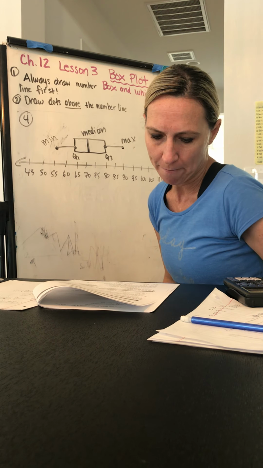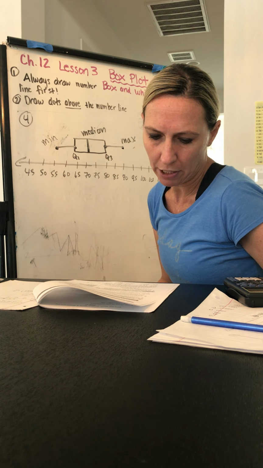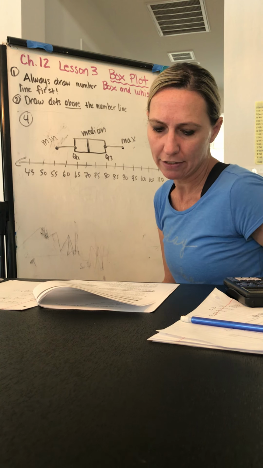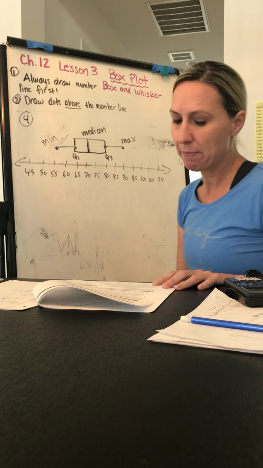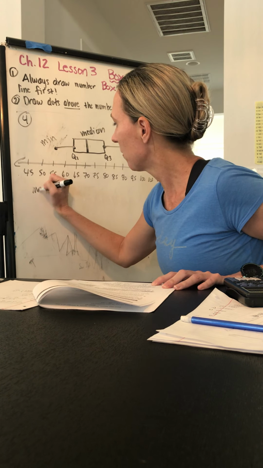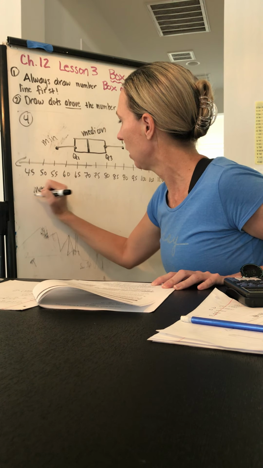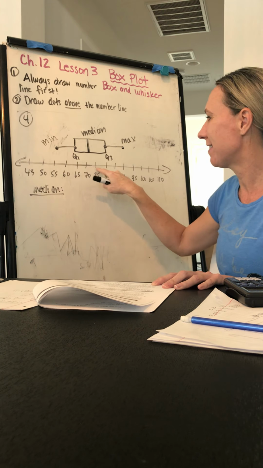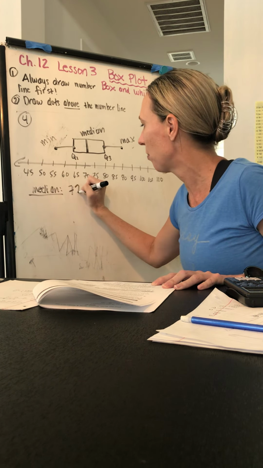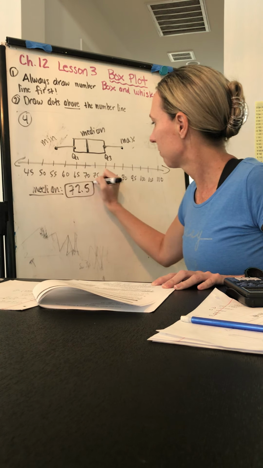Okay, so it says the box plot below shows the daily attendance at a fitness club. Find the median and the measures of variability. Then describe the data. So the median, you just have to look at it and know that it's the middle line. And if they don't give us the data, it's in between 70 and 75. So I'm going to write 72.5.